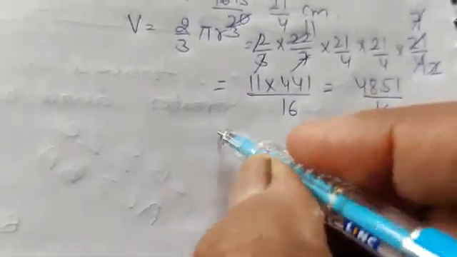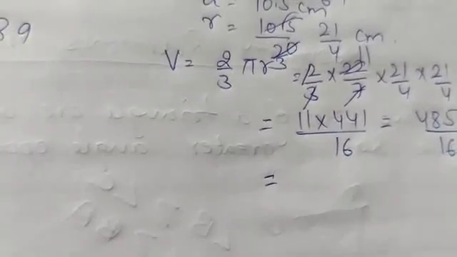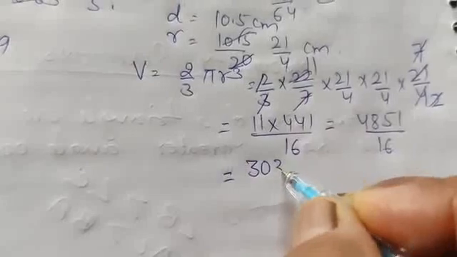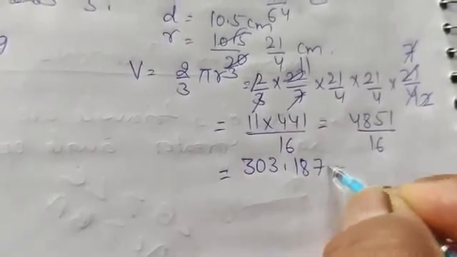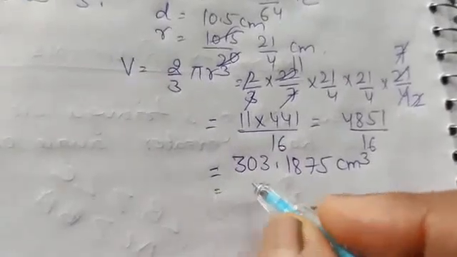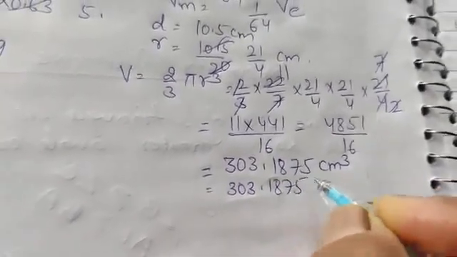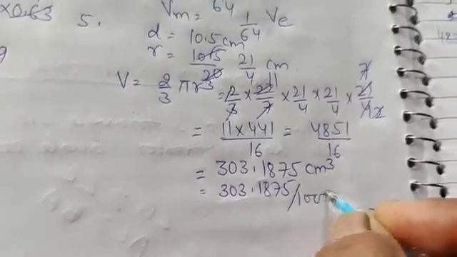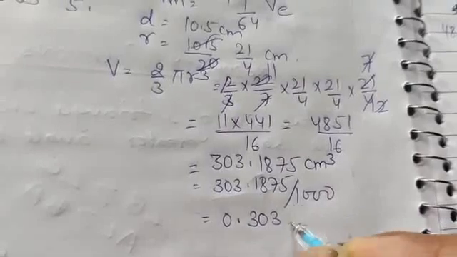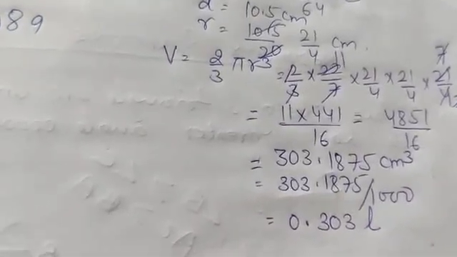Now divided by 16 we get 303.1875 centimeter cube. And how many liters? It means divided by 1000. We get 0.303 liter. This is the answer of question number 5.